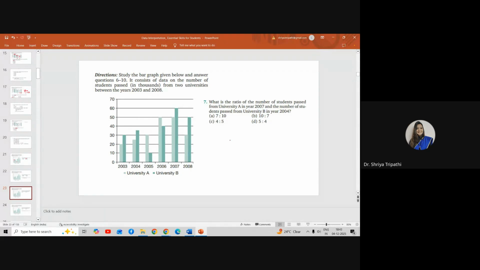What is the ratio of the number of students passed from University A in 2007, University A 2007, and the number of students passed from University B in 2004?